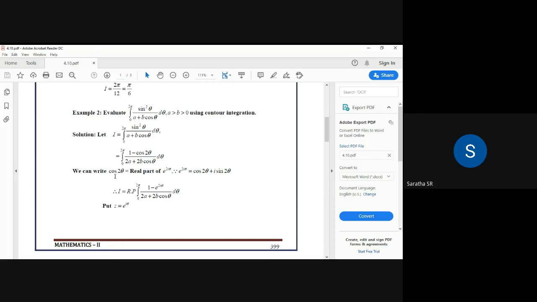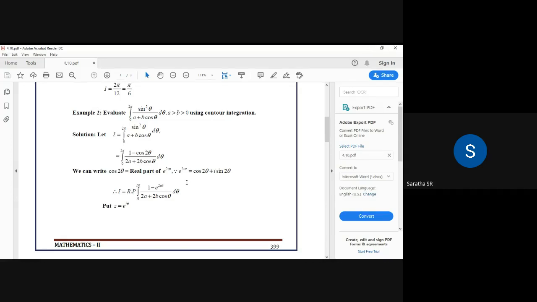Then we can write cos 2 theta as the real part of e power 2i theta. Whatever is given in the numerator, first we convert that in terms of exponential. In the denominator you keep whatever is given. But in the numerator, you convert cos 2 theta in terms of the exponential term. Then only we can solve the problem easily. Otherwise, it is very complicated.